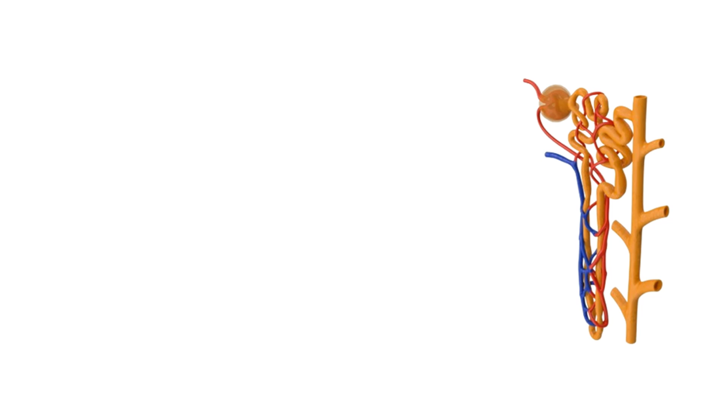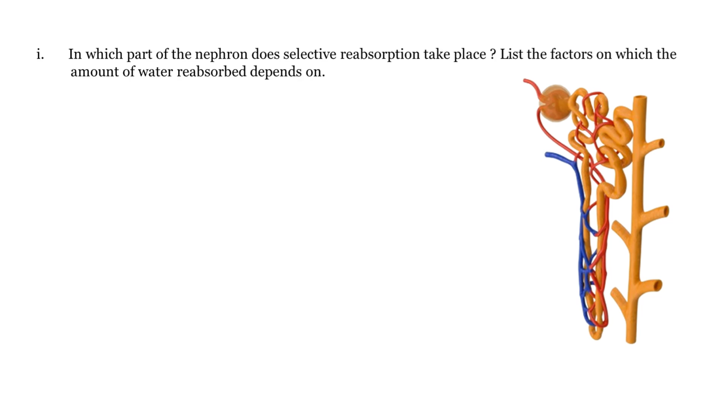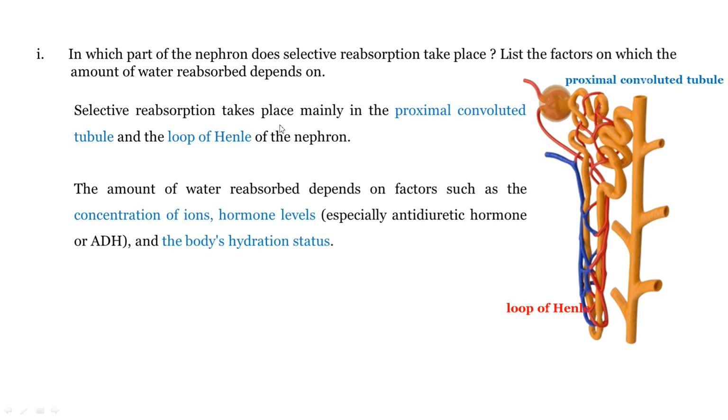The second part of question C is, in which part of the nephron does selective reabsorption take place? Also list the factors on which the amount of water reabsorbed depends. So for this question, you need to write the answer.